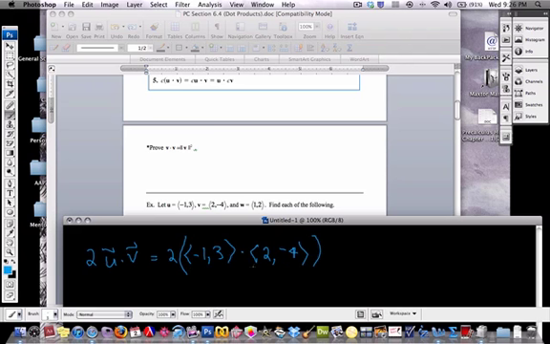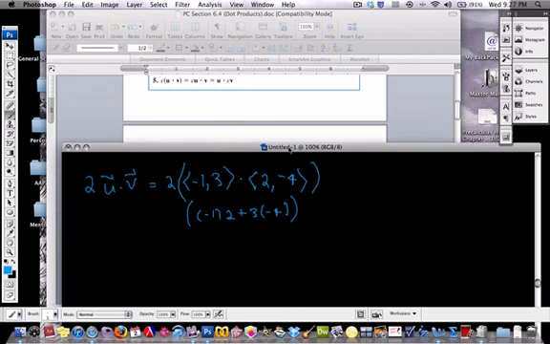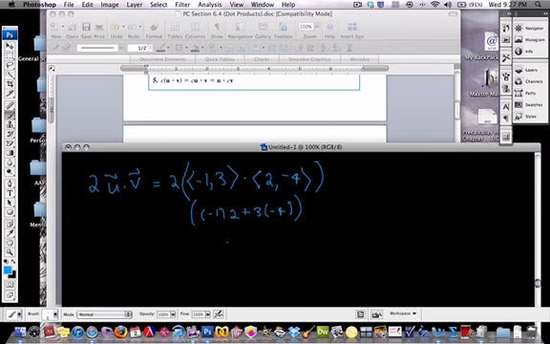So u dot v would be -1 times 2 plus 3 times -4, which would be -2 minus 12, which would be -14. And we're doing 2 times all that, so we get -28.